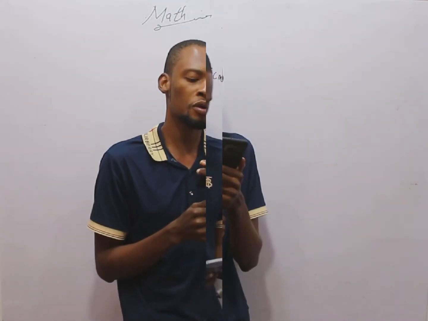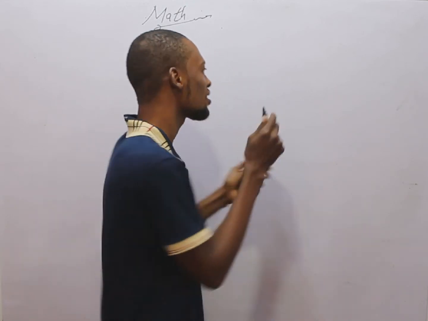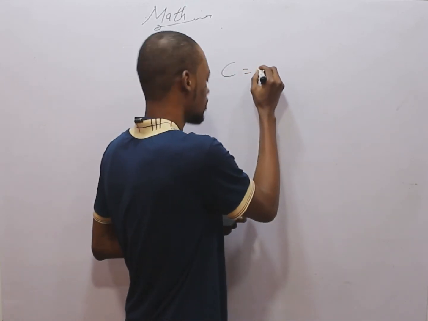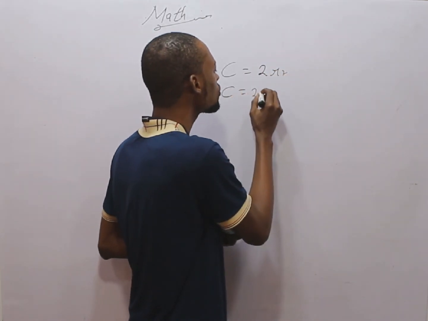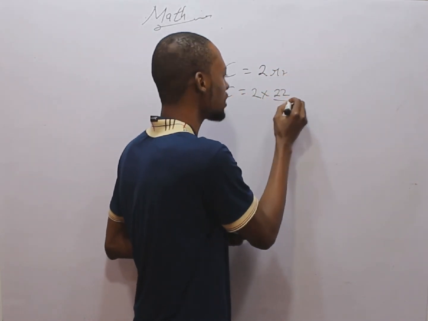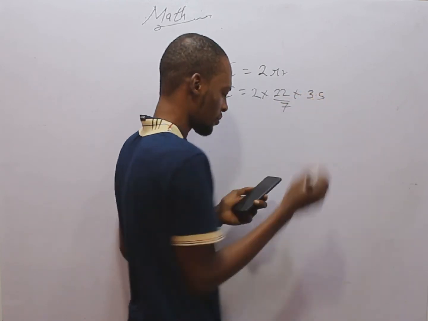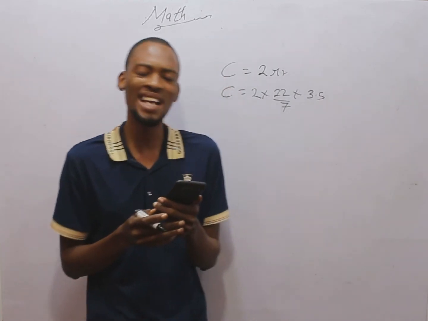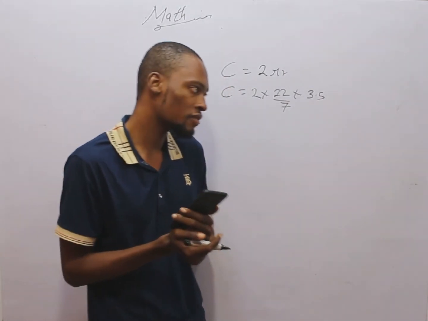Calculate the circumference of a circle of radius 3.5. Circumference is simply 2 pi r. C is simply 2 times 22 over 7 times 3.5. Remember, pi is a constant and the value of pi is 22 over 7.